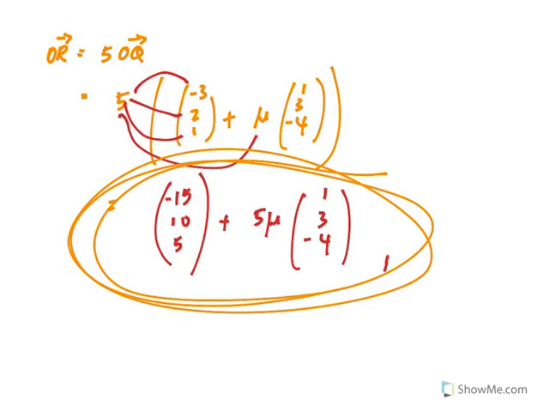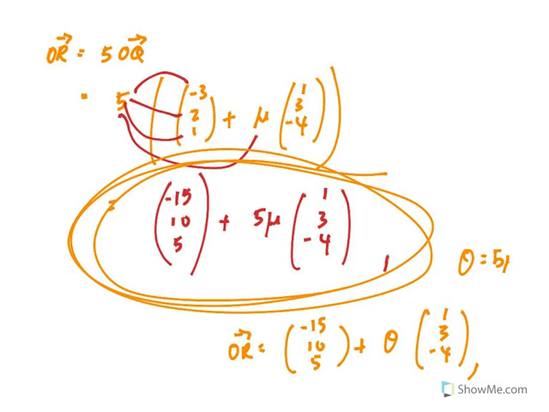From here, you can say that actually OR is just equals to -15, 10, 5 plus theta 1, 3, -4, where your theta is equals to 5 mu, okay? If you are going to use a new variable, please state what's the new variable.